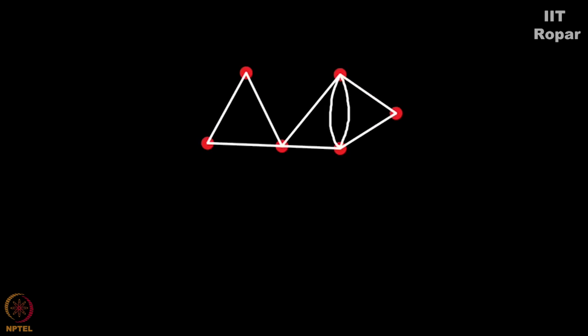Consider this graph. Do you see that this is a multi-graph? We have 2 edges for these 2 nodes. Now I'll label them as 1, 2, 3, 4, 5 and 6. I start from, let me say 3, 3 to 4, 4 to 5.